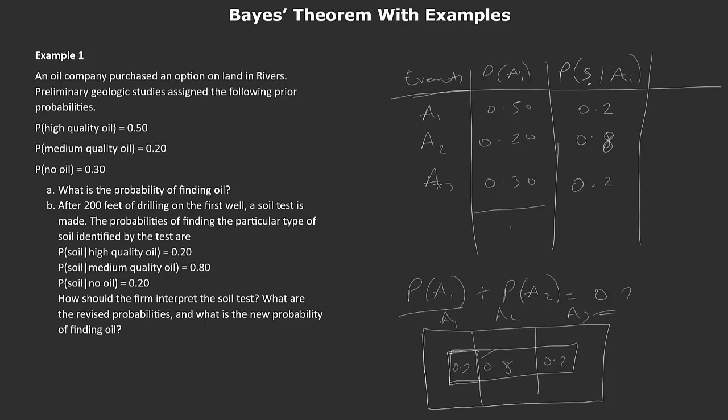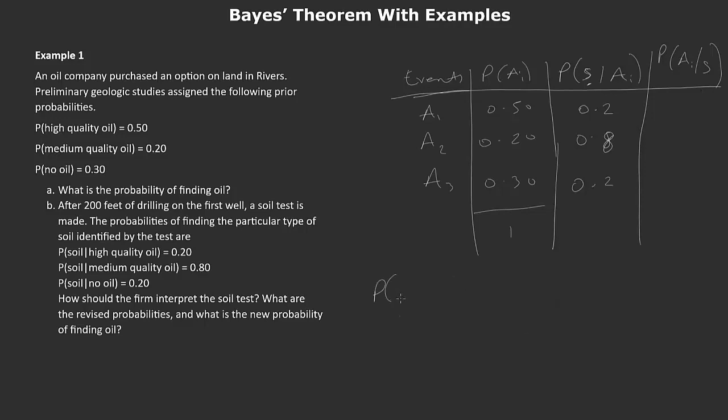That one is typically represented as the probability of A given S. So now what's the probability of all the A's given evidence S, given that we found a particular soil type? What is that probability? So this is how we go about calculating it.